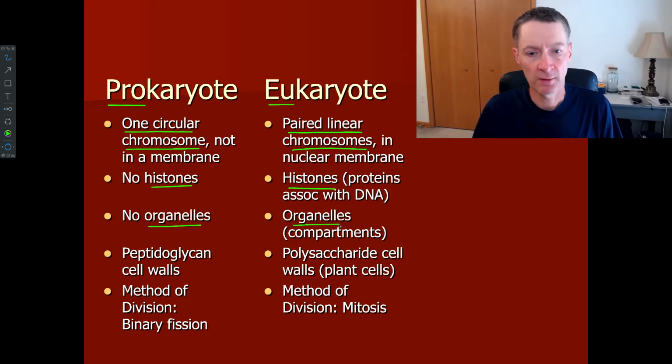Another thing we've seen is the fact that there is a cell wall made of peptidoglycan. We've gone further with this because we know now that there are some prokaryotes that have thicker walls than others, and a couple others, like those that cause walking pneumonia, that may not have any at all. But when you find cell walls, they're made out of this peptidoglycan, a protein and a sugar.